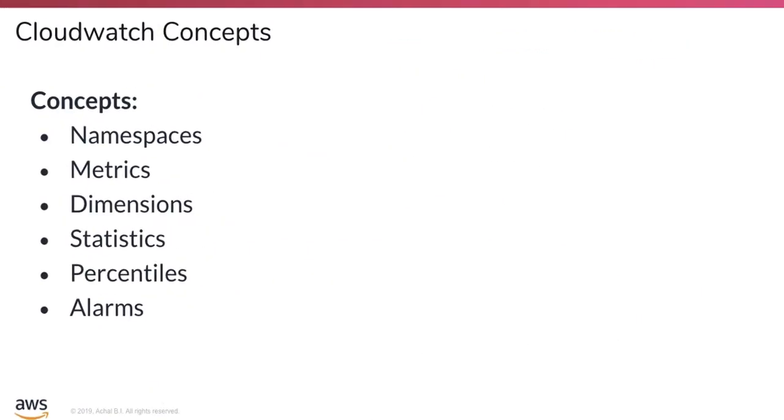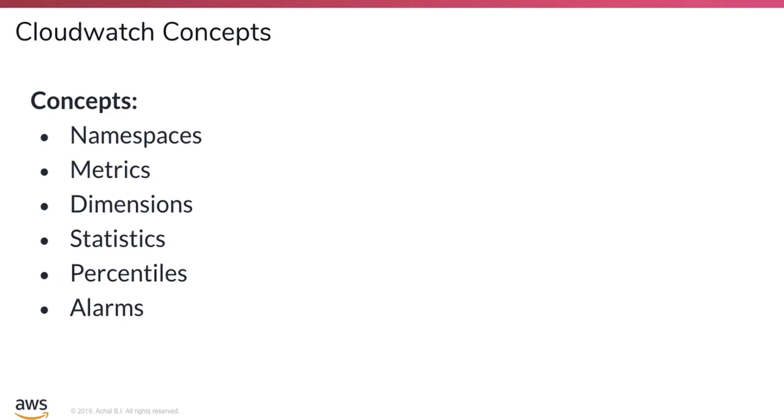When we say CloudWatch metrics, there are nearly 5 or 6 concepts in it. Alarms are also part of CloudWatch metrics. Namespaces bring a logical boundary or grouping between the CloudWatch metrics. A metric is a data point.